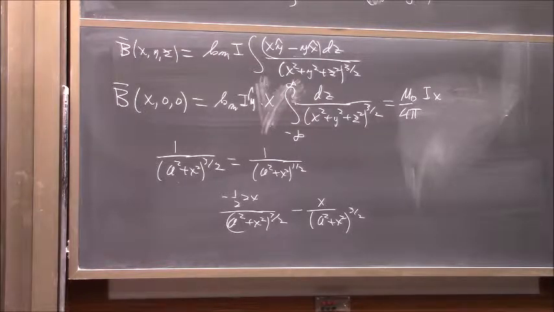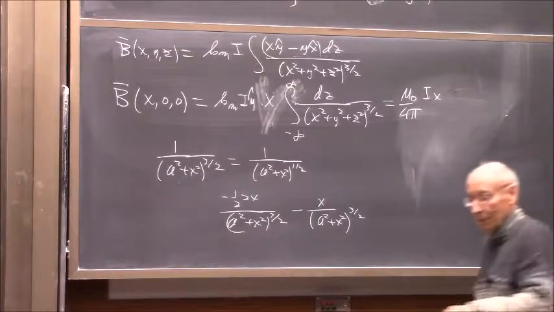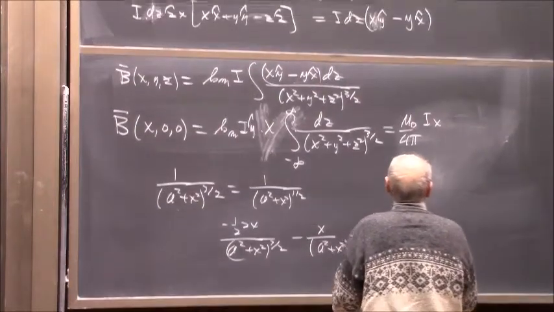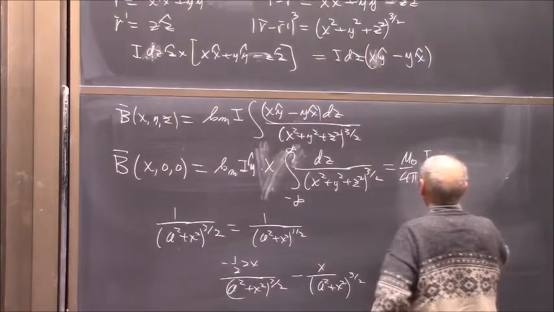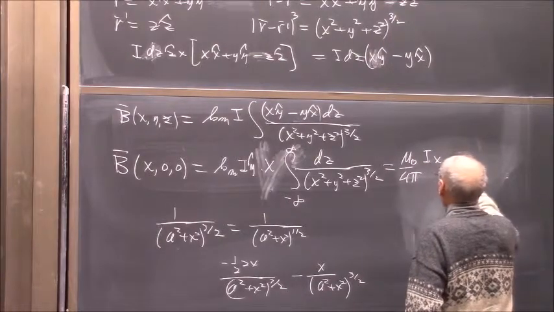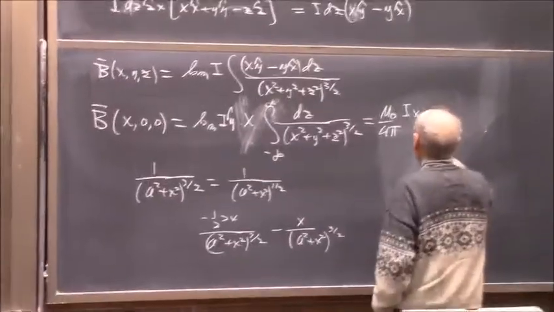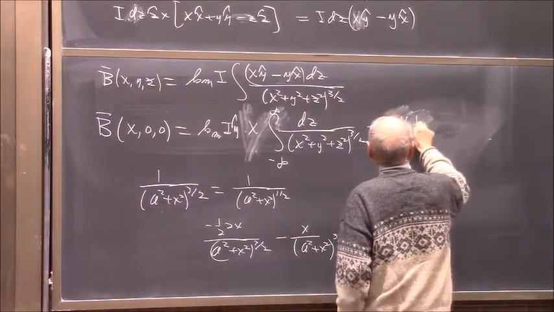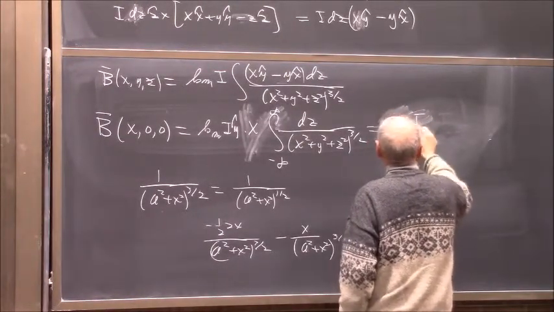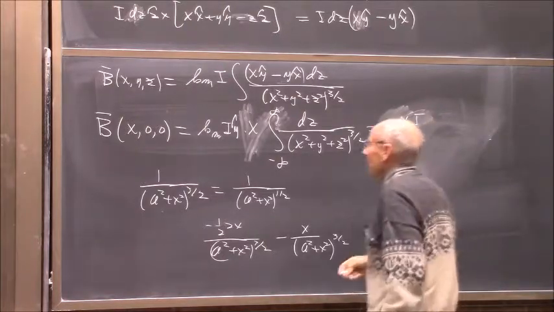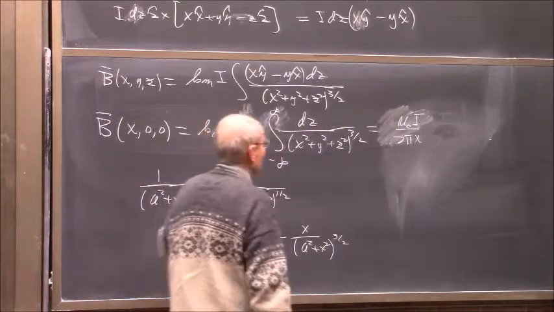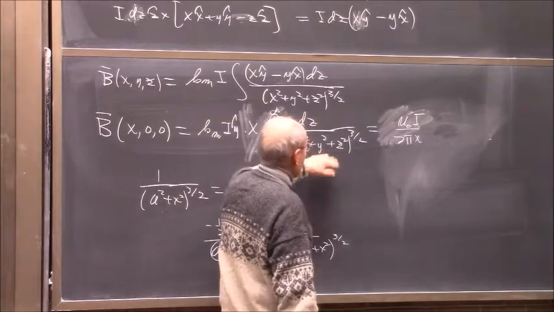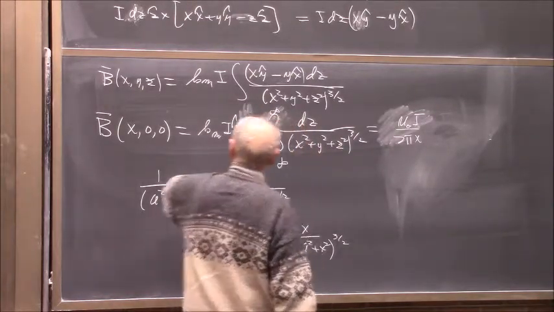Well, I can't make this thing do it correctly. The answer will come out to be, when you do the arithmetic, you will get mu 0 I over 2 pi x. Okay, we could work that out, but that's what you're going to get.